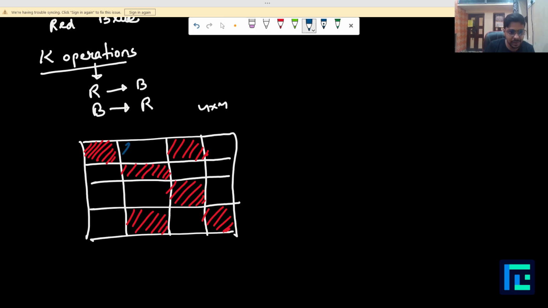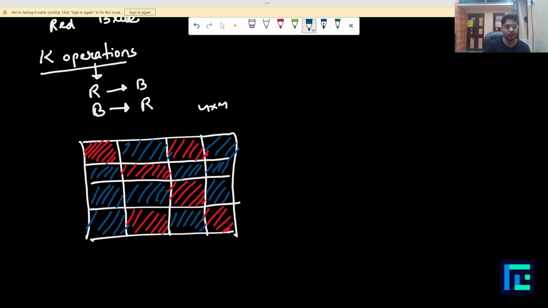And let's suppose all the remaining cells are colored blue. And the value of k given is 3.